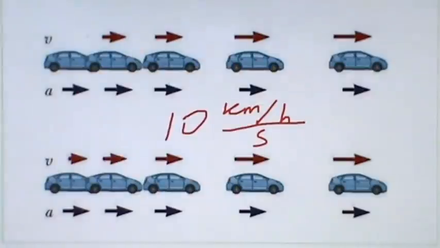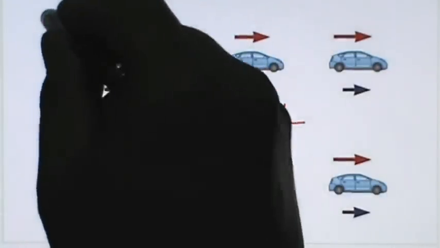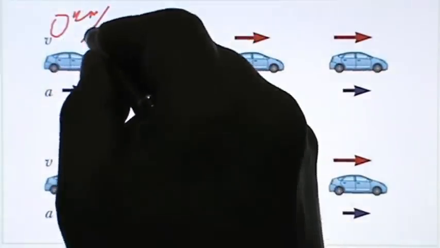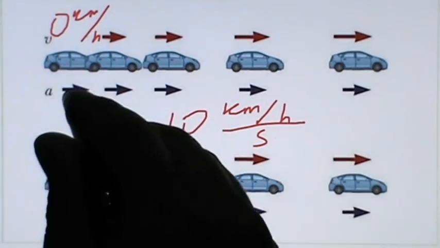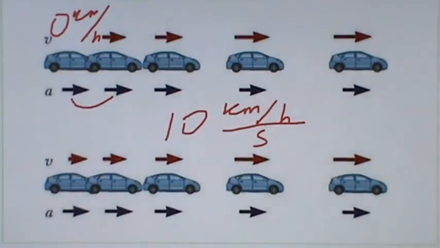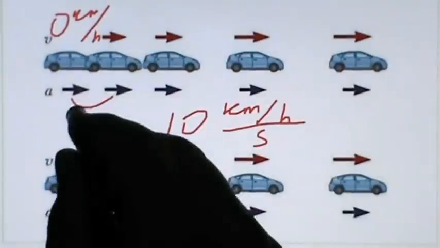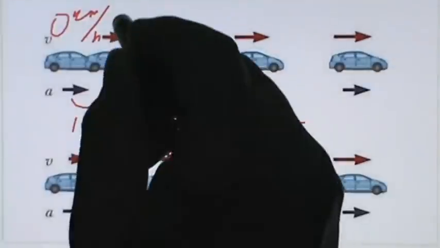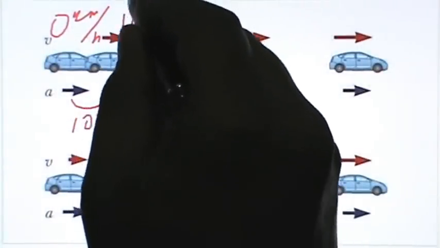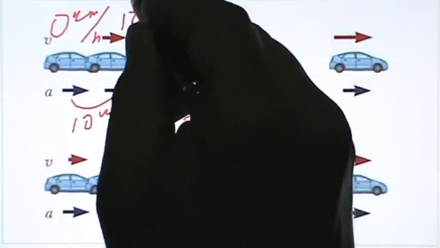So, if a car has a zero speed here, so the initial speed is 0 km per hour or it's at rest, and then in 1 second it will gain 10 km per hour, and the speed now becomes 10 km per hour.